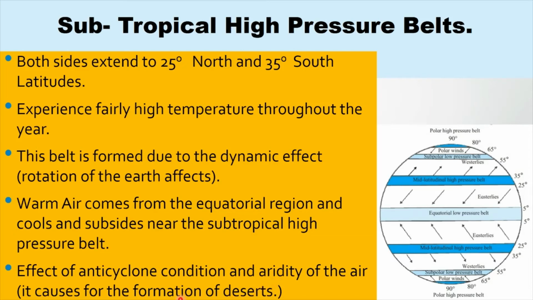If rain is not there, it will be the cause for the formation of deserts. Where there is little rain, a Rajasthan type desert climate will be there. That is why on the western side of both areas it is arid and has a lot of deserts. This is about the subtropical high pressure belt.